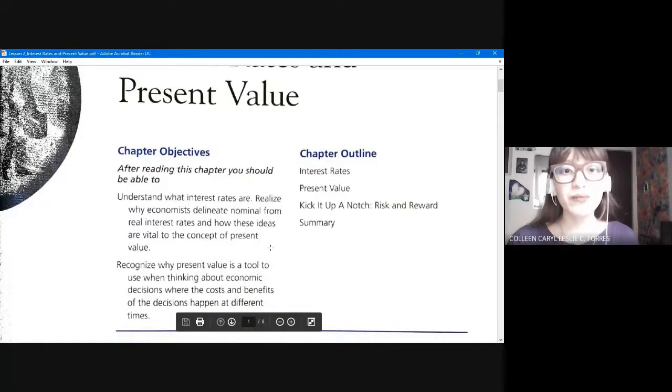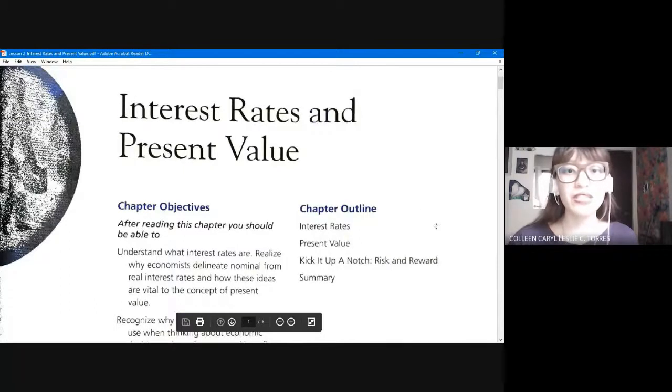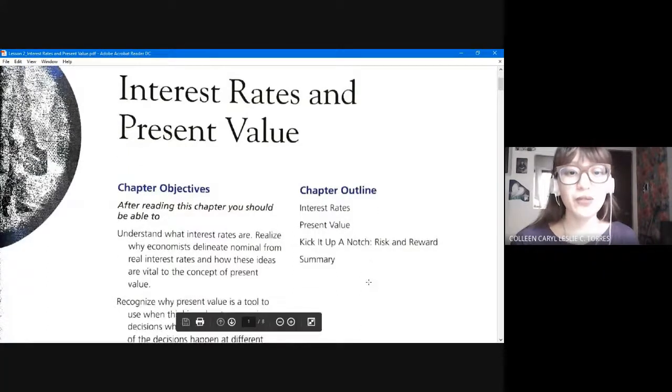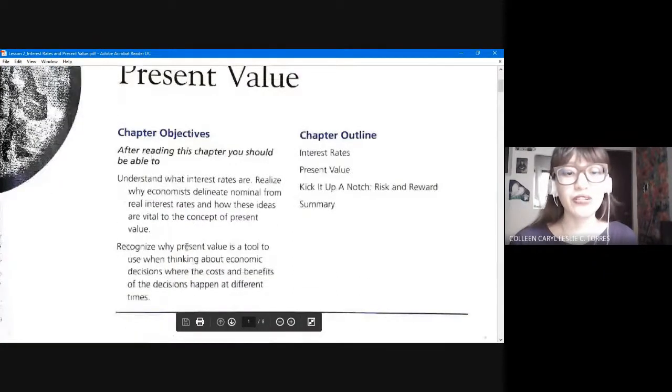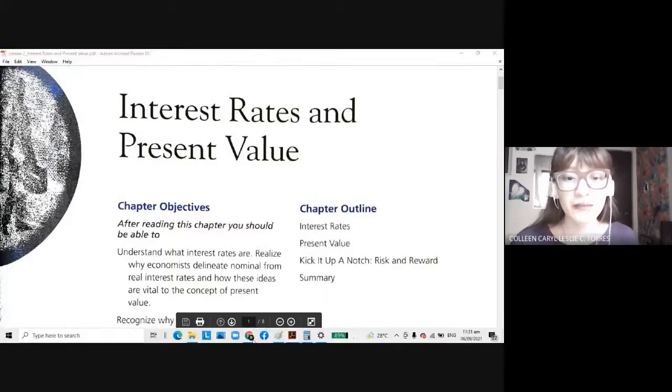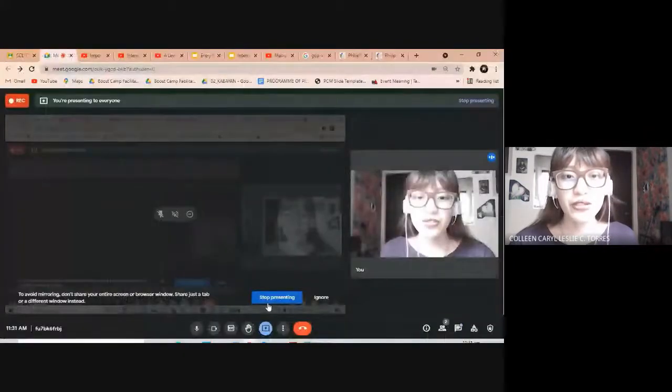As I mentioned, present value refers to the value of our currency during different time periods. So here we will learn to recognize why present value is a tool to use when thinking about economic decisions, where the costs and benefits of decisions happen at different times.